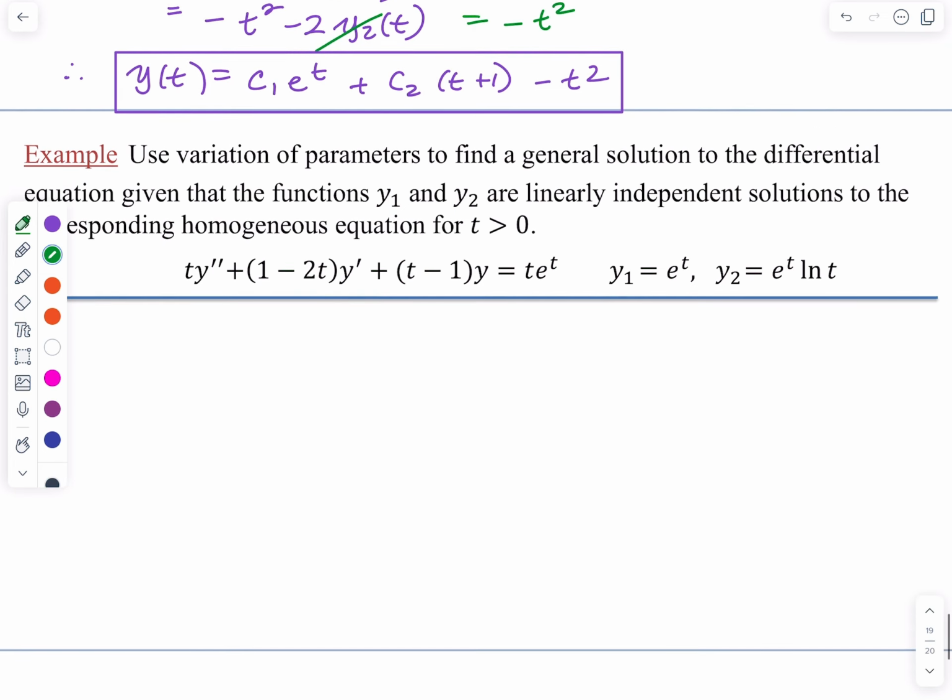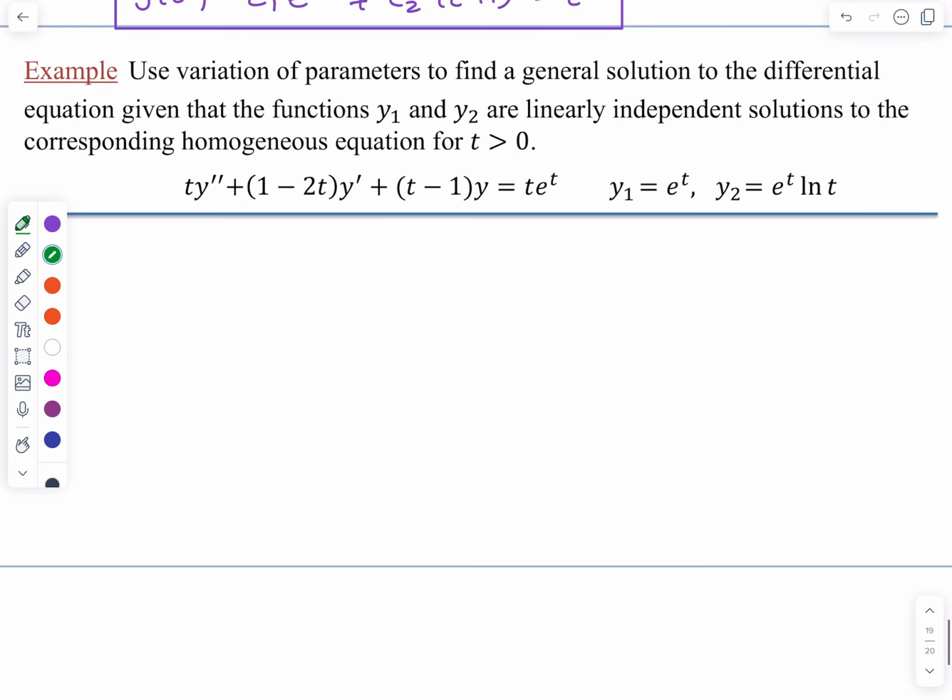Okay, let's look at our next example here. We are again given two linearly independent solutions, and we will now write the general form of our differential equation.